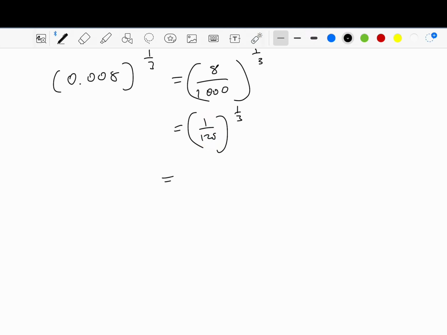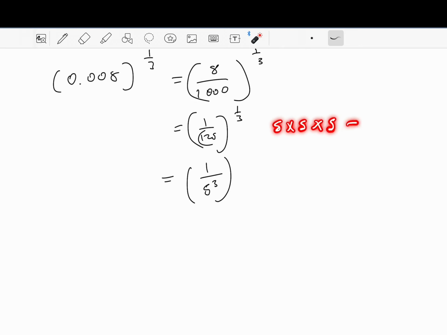From here it becomes easy. But before we simplify with the 1 over 3, we can also simplify this 125. 125 is essentially 5 cubed, because 5 times 5 is 25, and 25 times 5 is 125.